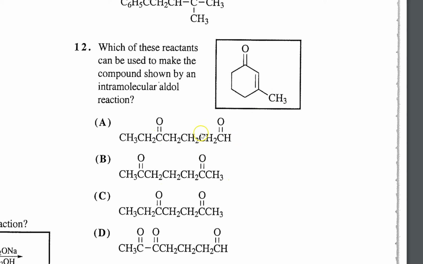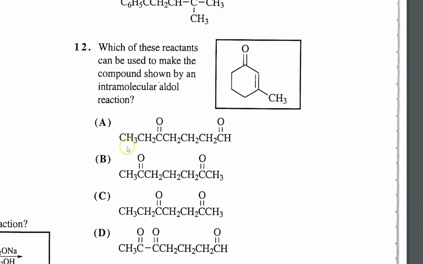Option A has 1, 2, 3, so we can keep that for now. Option B also has 3 carbons in between. Option C only has 2, so that's out. And part D has 3 carbonyls, which makes no sense. So it's between A and B.